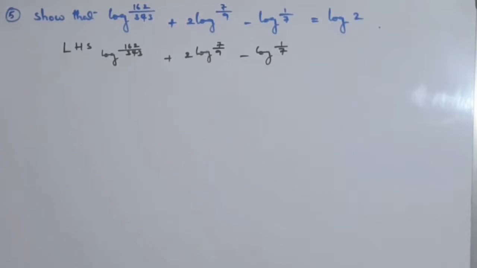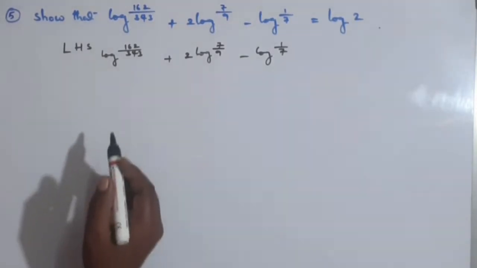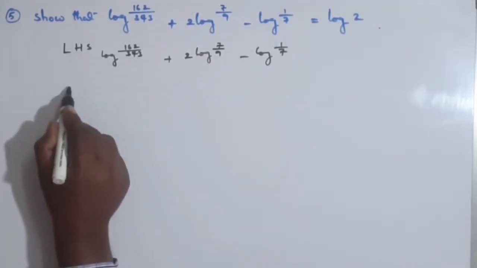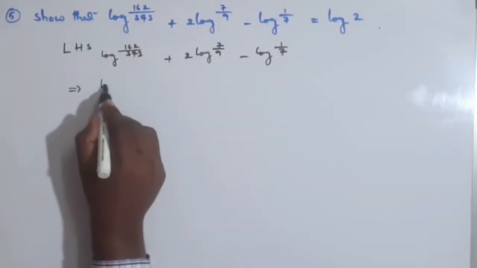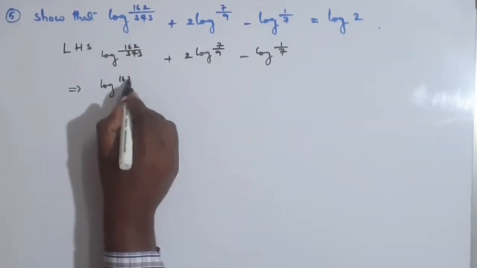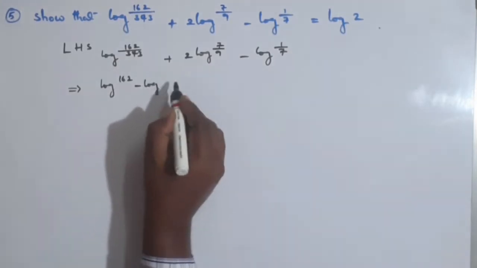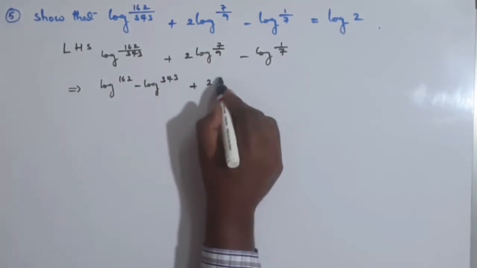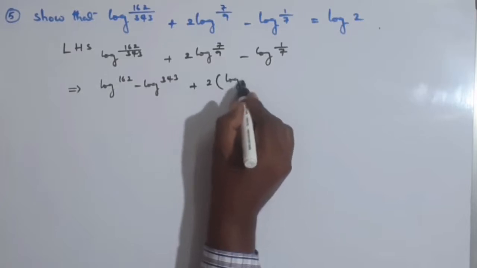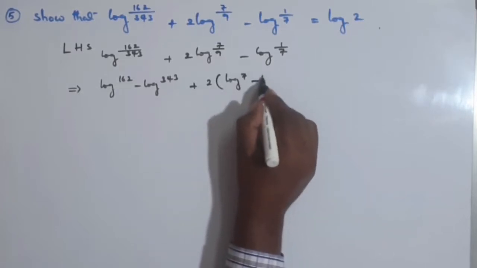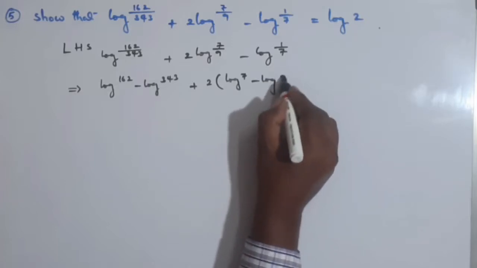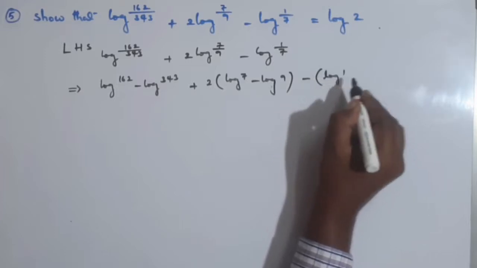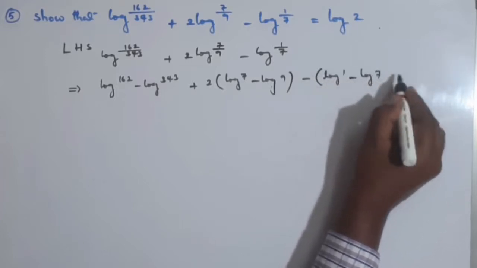Let me split this: log 162 minus log 343, plus 2 of log 7 minus log 9, minus log 1 minus log 7.